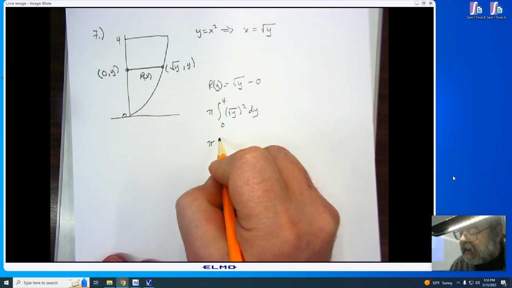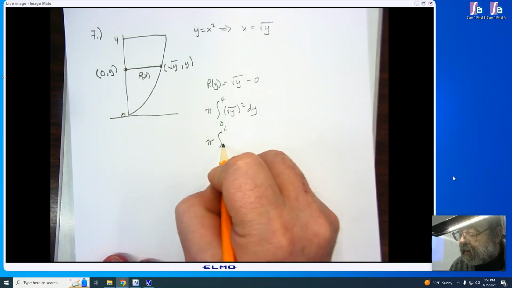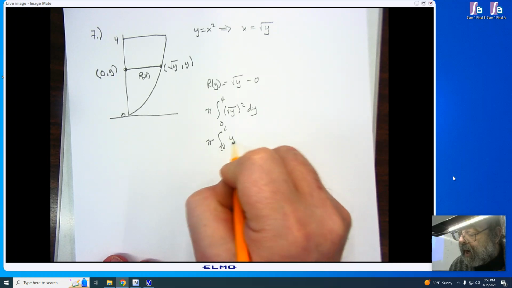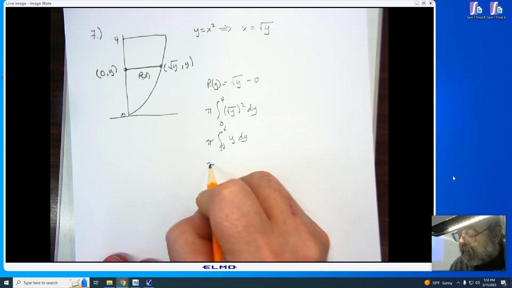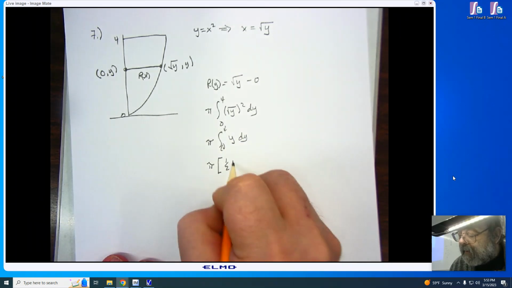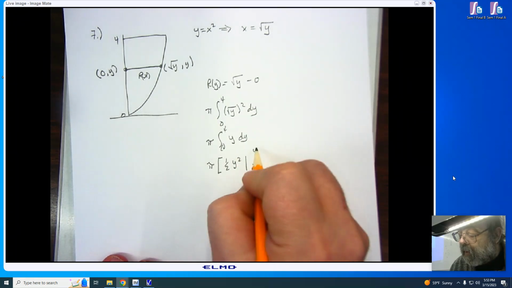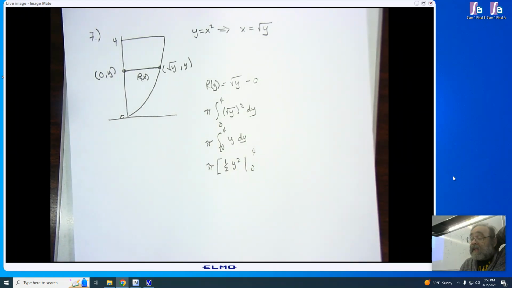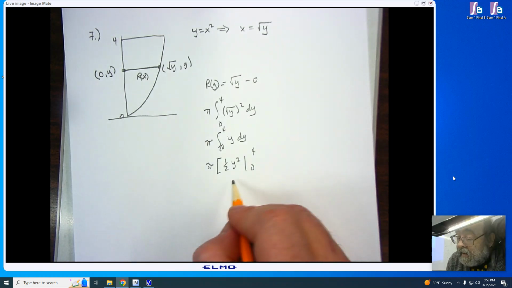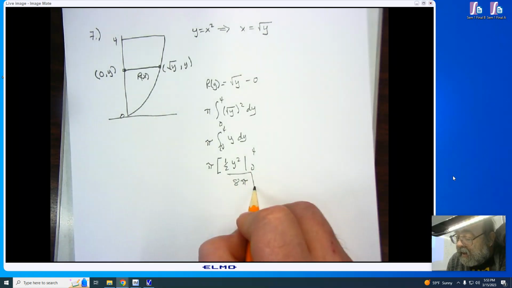This gives me pi, integration 0 to 4, and I have y dy. So pi, 1/2 y squared from 0 to 4, that's 16. 16 divided by 2 is 8, and my answer is 8 pi.